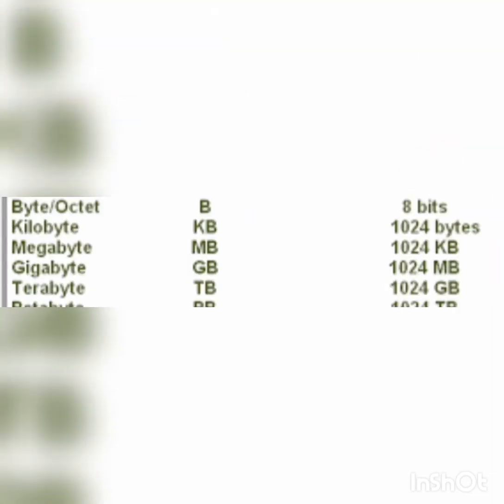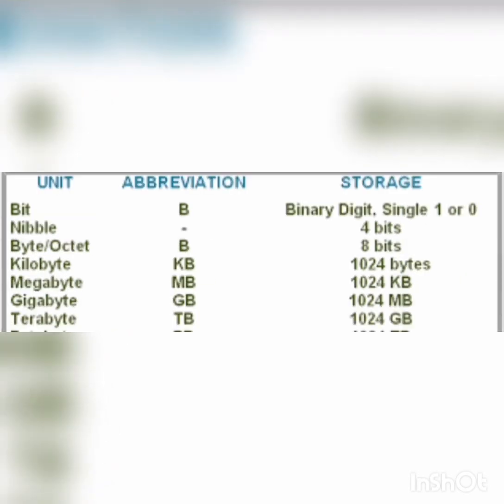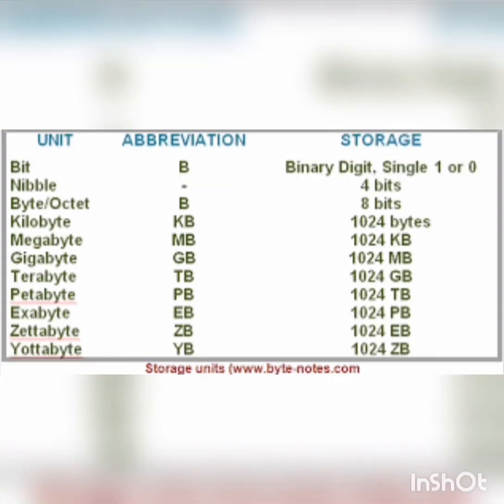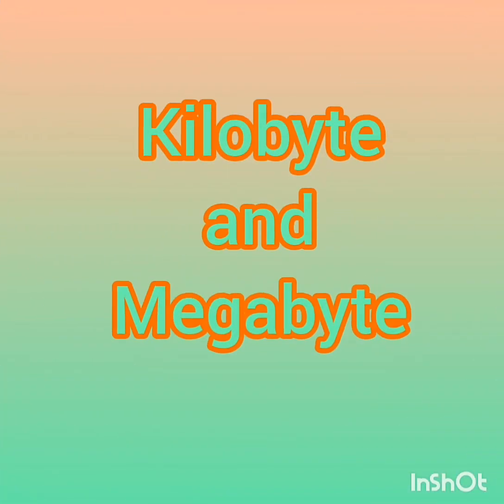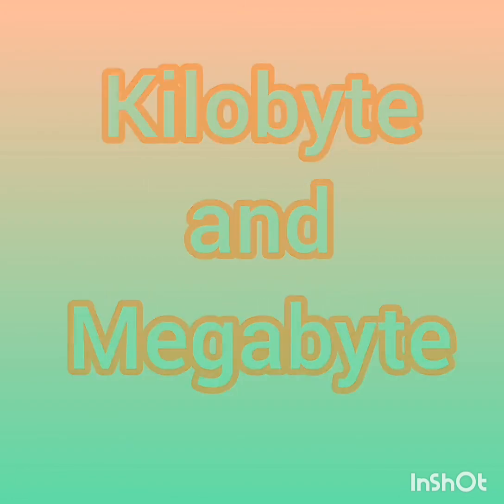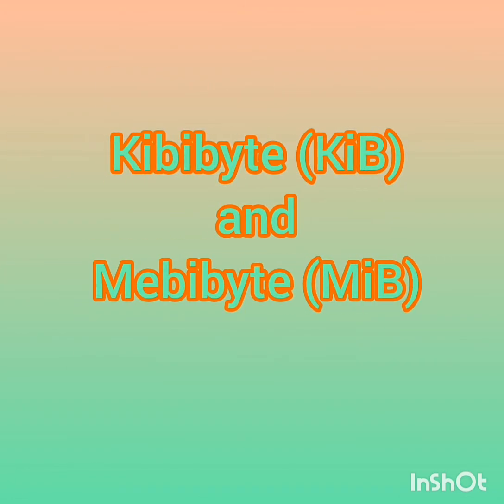A kilobyte is 1000 bytes. Then higher units like megabyte or MB, gigabyte or GB, and terabyte or TB are formed. In place of kilobyte and megabyte, units like kibibyte or KiB and mebibyte or MiB are also used.